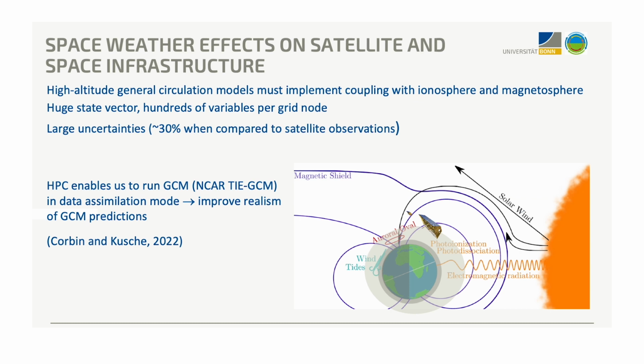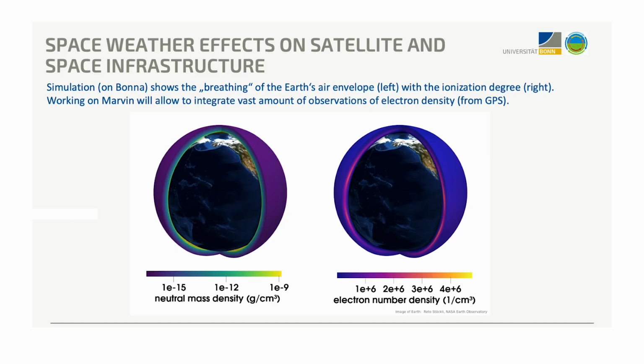So we use numerical models that represent all these processes, the magnetic shield of the Earth, the solar wind, also the tides, to actually represent how the atmospheric density around the Earth expands or shrinks with the geomagnetic field and with the solar wind. We use general circulation models. And of course, we want to be close to reality, so we assimilate observations from a few satellites into these models, and we're able also to improve the predictions.